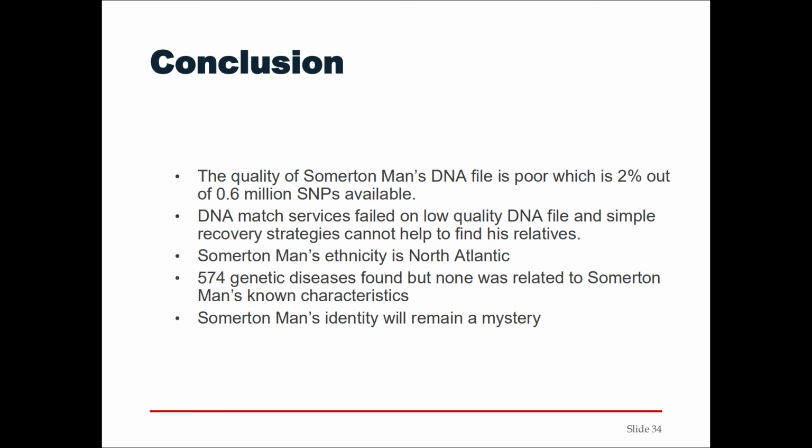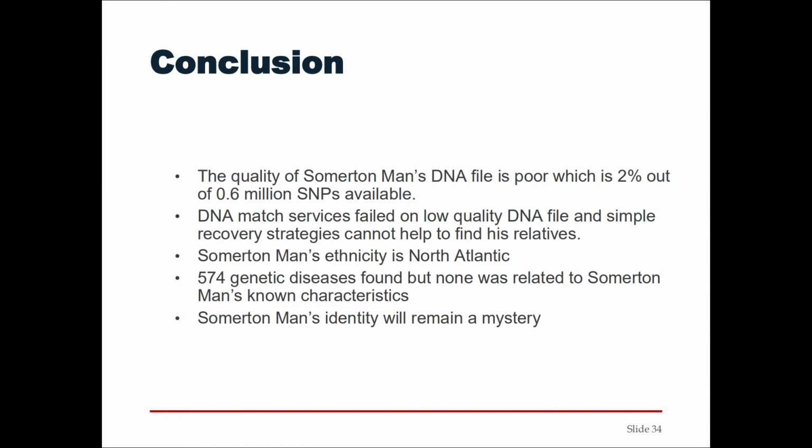And as a conclusion, in general, the quality of Somerton Man's DNA is far poorer than we thought, which is about 2% out of 0.6 million SNPs available for DNA analysis. Such low quality DNA cannot be accepted for the DNA match services, and implementing several algorithms to recover the DNA cannot help to find any related DNA kits in the database.